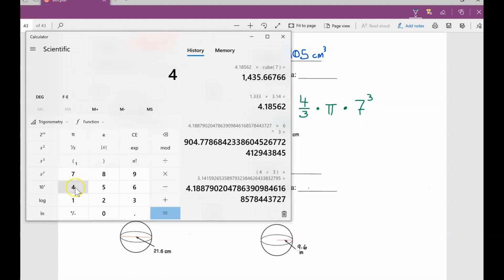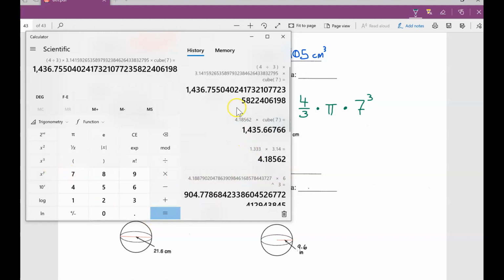Now, I'm going to do the exact same thing, but using the different entry methods. I'm going to do 4 divide 3 multiplied by the pi button multiplied by 7 to the third power. Notice, using that entry method, I got 1,436. Using the previous entry method with the decimal and the shortened pi, I got 1,435. So the answers are slightly different, but they're close. And what's important here is as long as you are around that correct range, you're good to go.